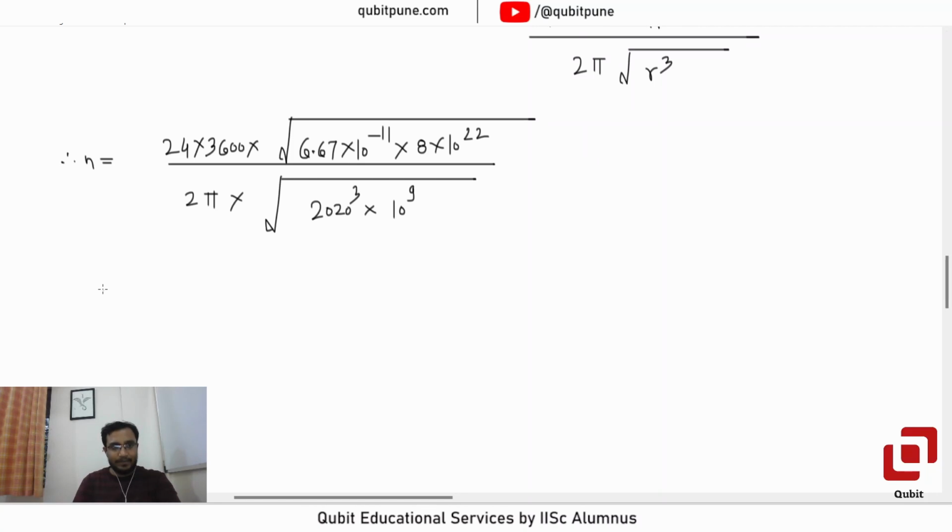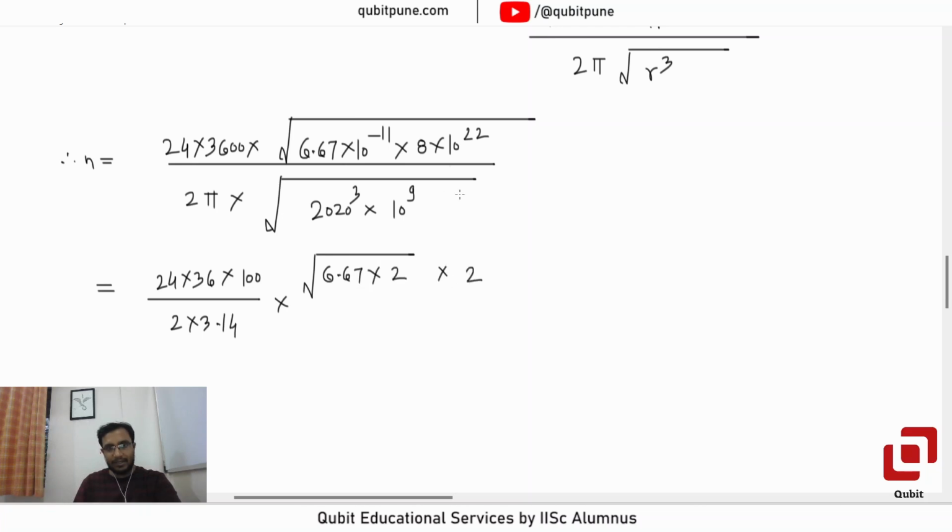Now, 24 into 3600. I can approximate 2 pi as 2 into 3.14, into root of 6.67 into 2, because I have taken the 4 outside. 22 minus 11 is 11.